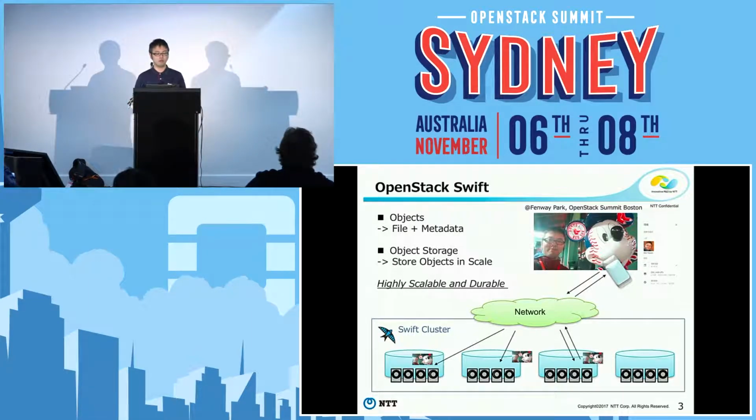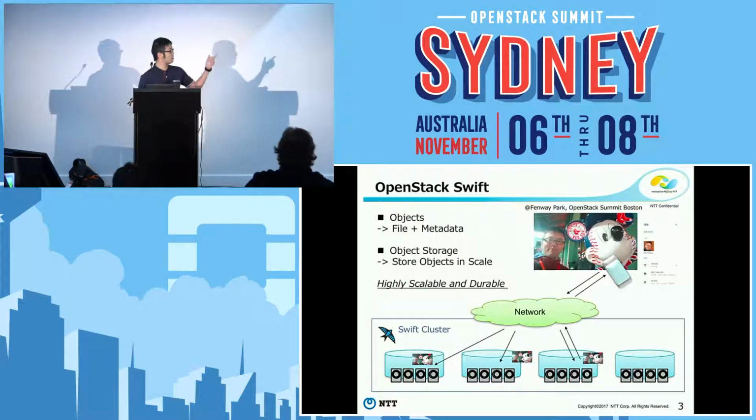Swift is object storage. An object is a file, and a file is any kind of data, like PDF, movie, picture, music, anything you are handling in daily life. And the metadata is extra information related to the file.